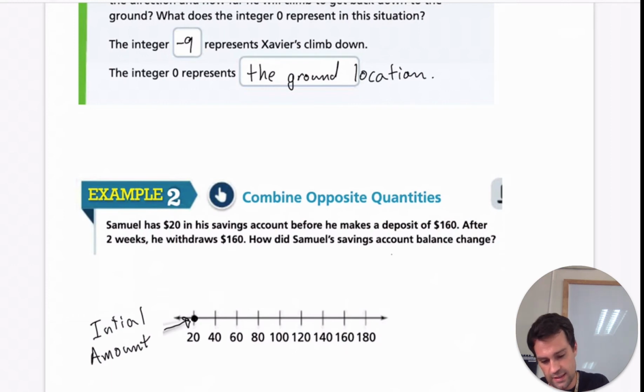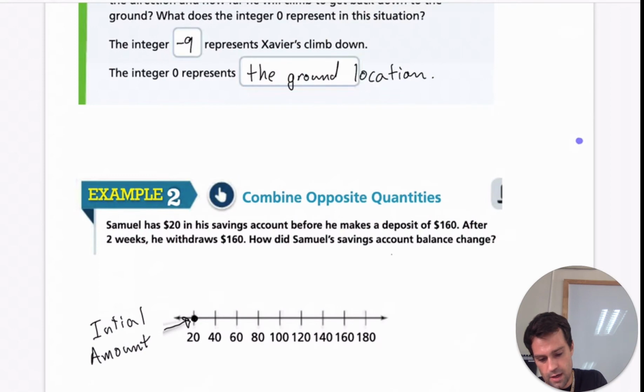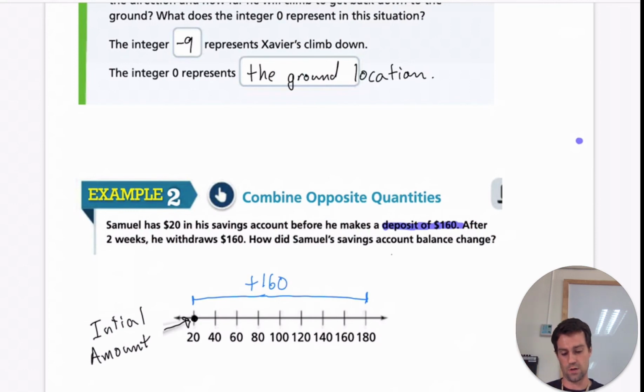We can then see he deposits $160. Deposits mean he's putting that in the account. So he is adding 160 into his account. So now his current balance would be 180.